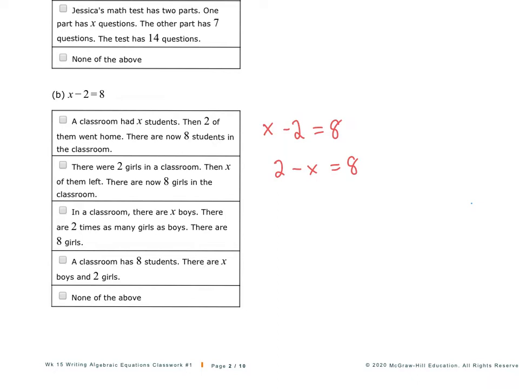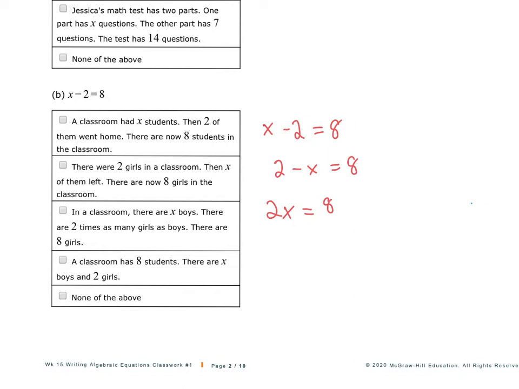Next, in a classroom, there are X boys. There are 2 times as many girls as boys. There are 8 girls. So 2 times X is going to give you 8 girls.